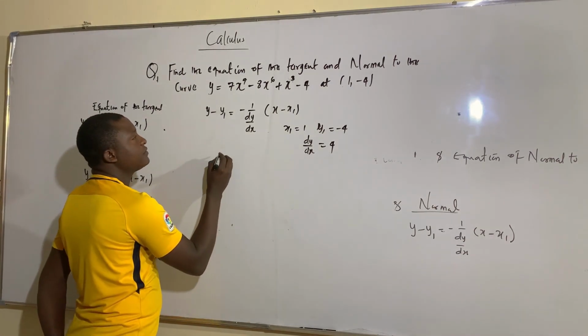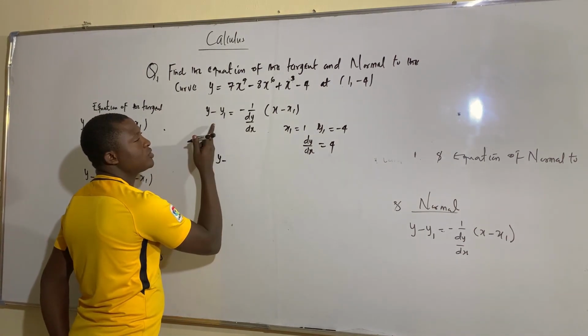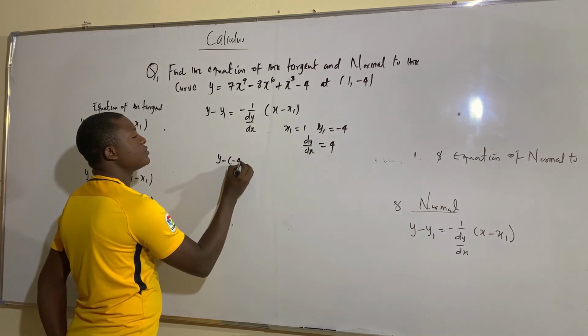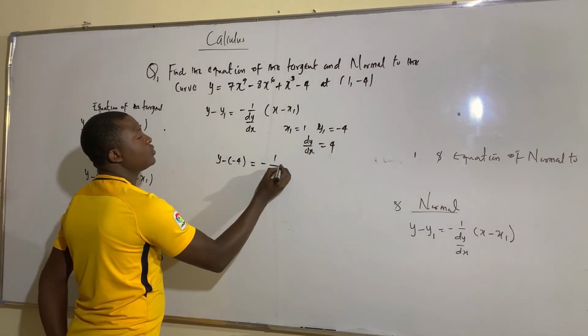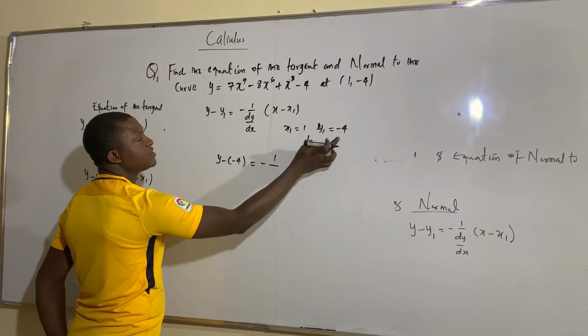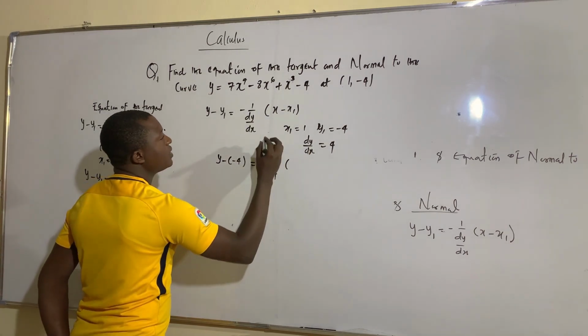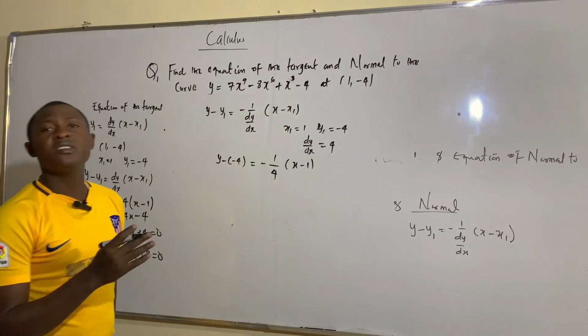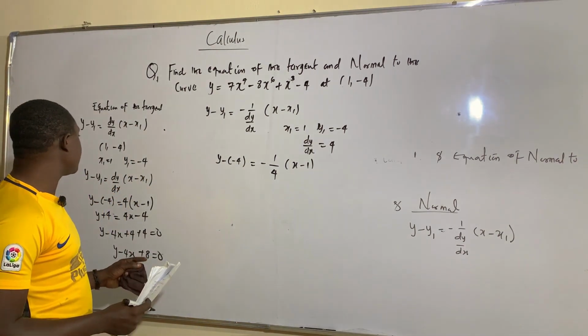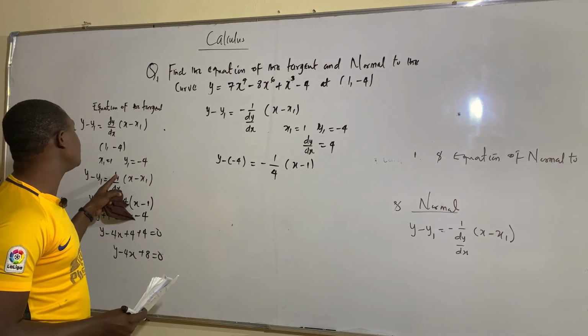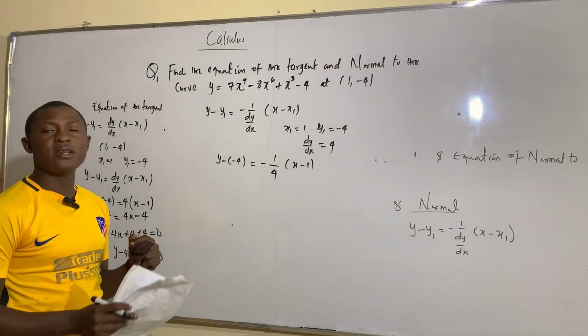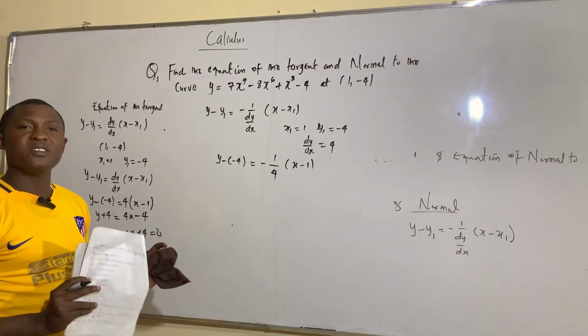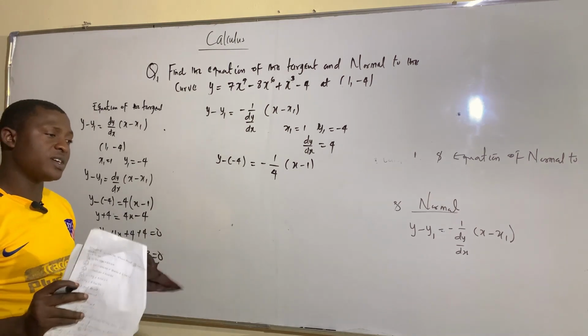So let's just substitute the three data that we have there. Here we have y minus, my y1 is minus 4, minus 1 over, what we have for dy/dx is 4, times x minus x1, which is 1. You can see the only difference is that the gradient for the tangent is dy/dx, and that of the normal is minus 1 over dy/dx. Please do not get perplexed.